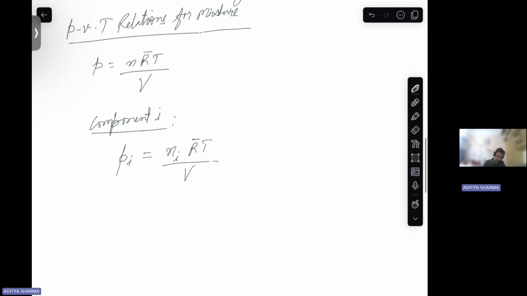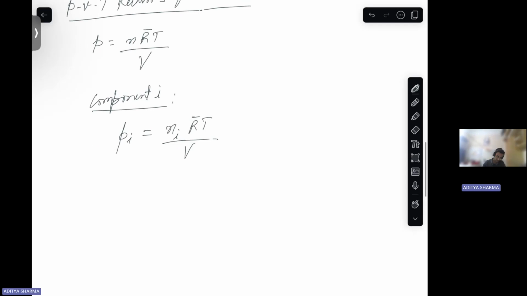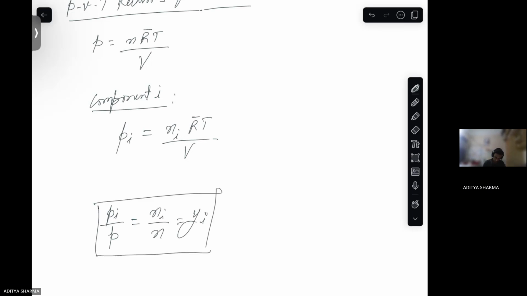And if you take the ratios of these two, what do we find out? That if you take this, so this is your mole fraction, right?